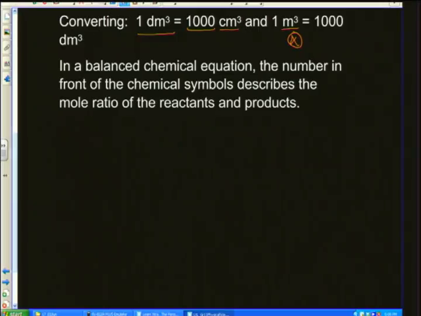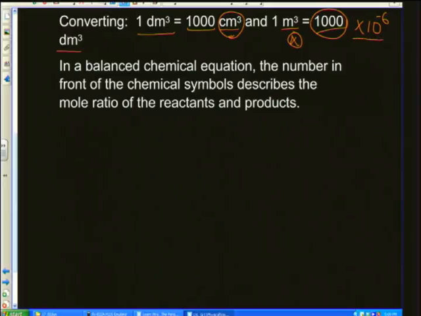And 1 cubic meter is 1,000 cubic decimeters. So if I am to move from cubic centimeters to cubic meters, I'll have to multiply by a factor of 10 to the power minus 6, in other words, dividing by 1,000,000. Okay, so that's what it means there.